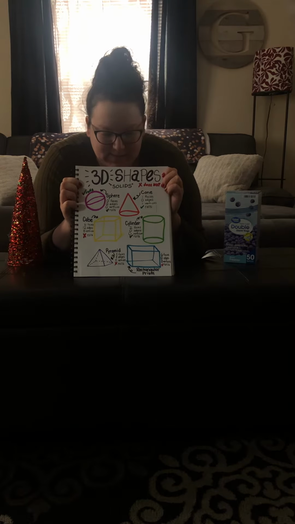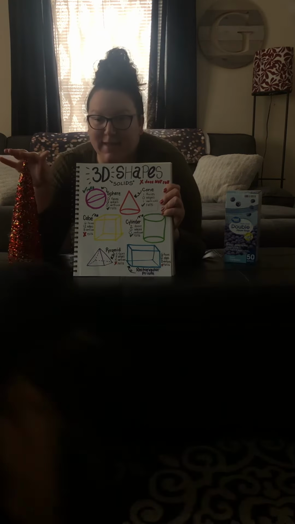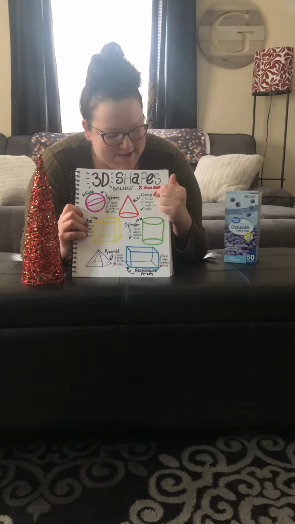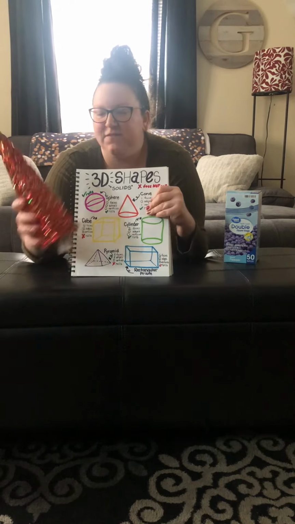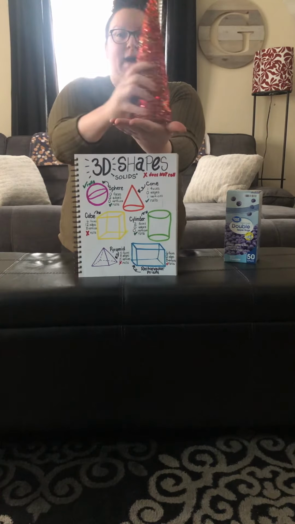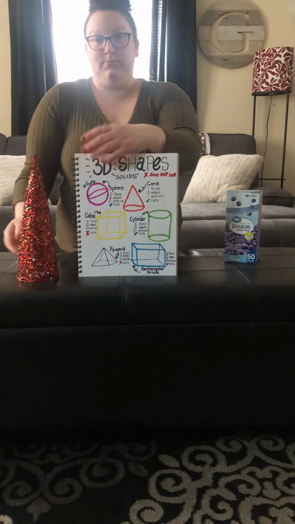All right, next we have the cone, which is like my little Christmas tree decoration here. A cone has how many flat faces where you could set it down on the bottom? Just one.